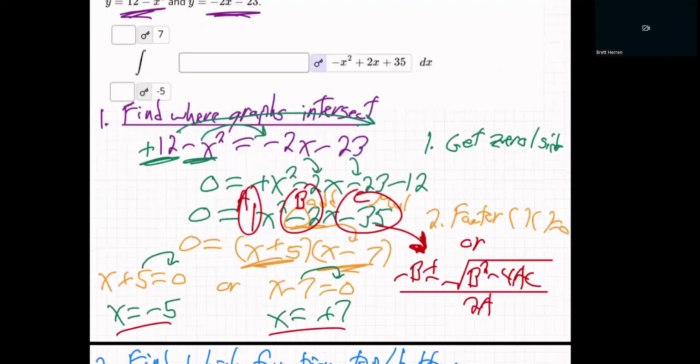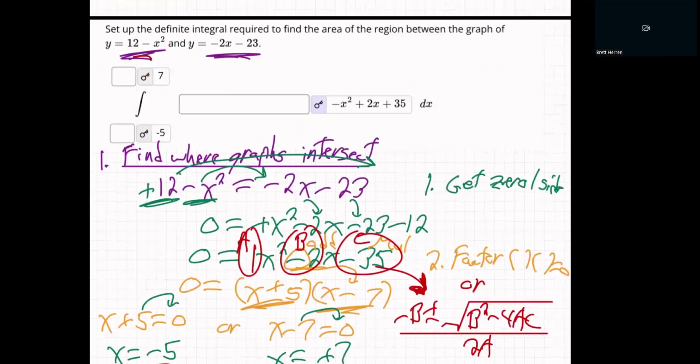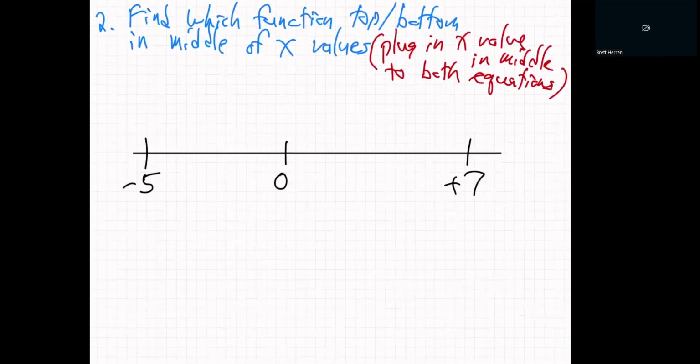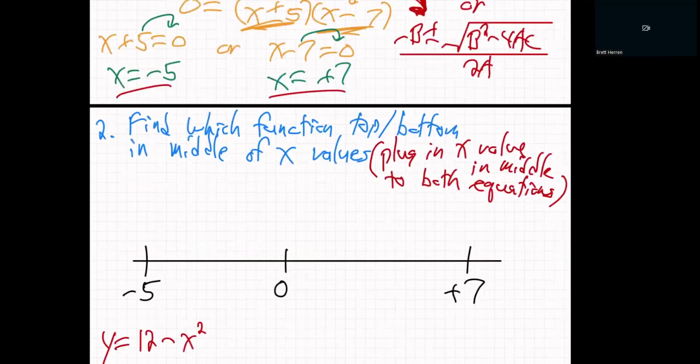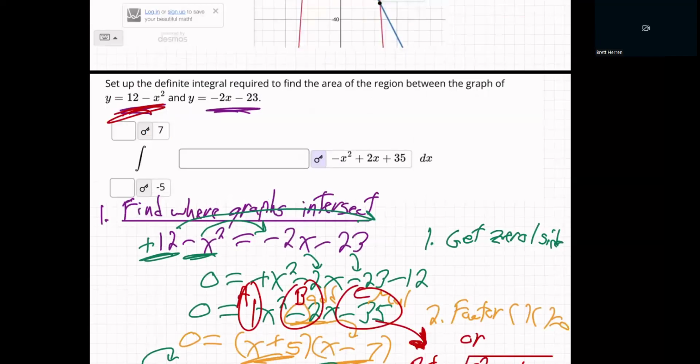So I go back up, grab both equations. Here's the first one, 12 minus x squared. And the other equation, which is right here, is negative 2x minus 23.